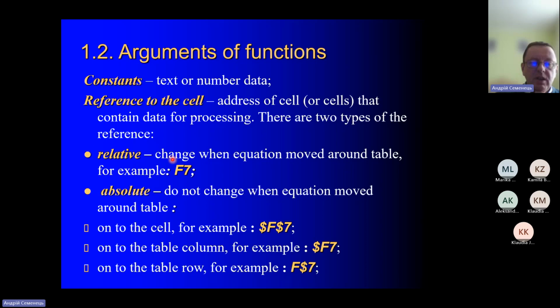Usually we deal with relative references like the one given, but in case you want to refer to a particular cell every time, it has to be an absolute reference, where we use the $ sign to append to the column label, row number, or both. Like in this case, we refer to a specific cell.